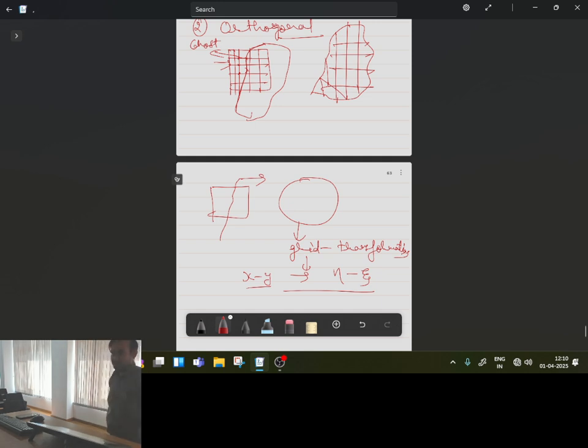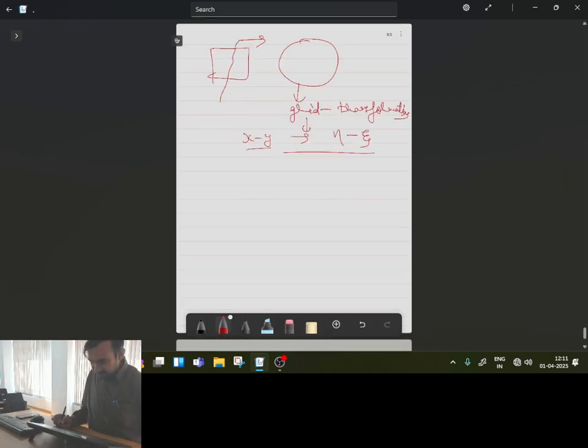Okay, so for that we have to use some mathematical transformations, and under these scenarios we can use the finite difference method. This is the brief overview of the finite difference method.